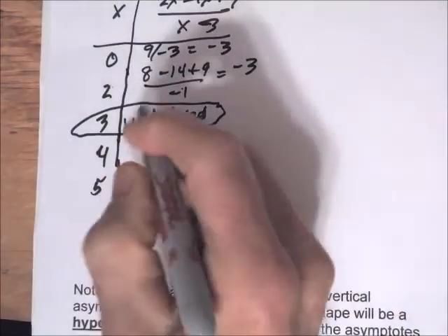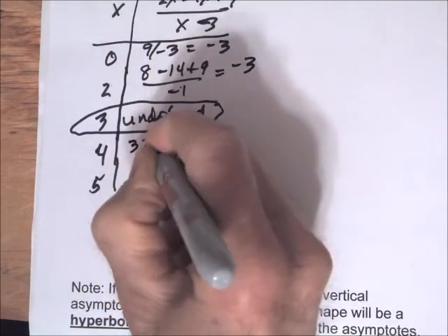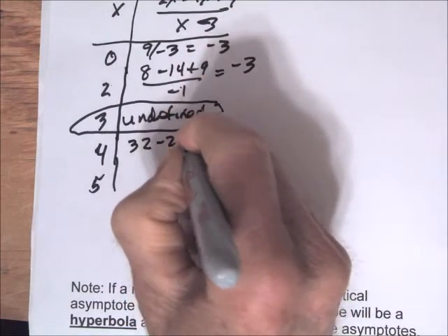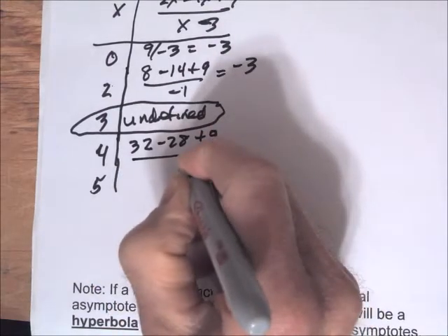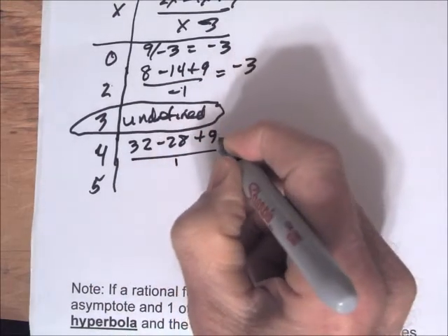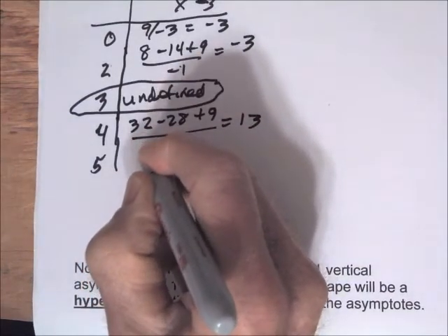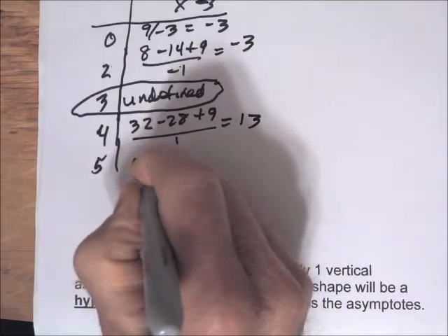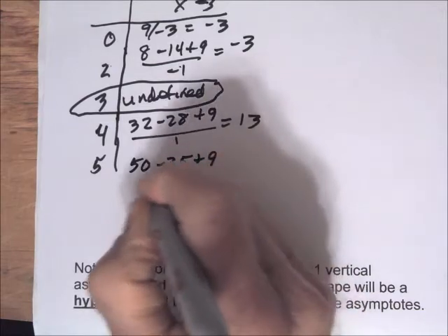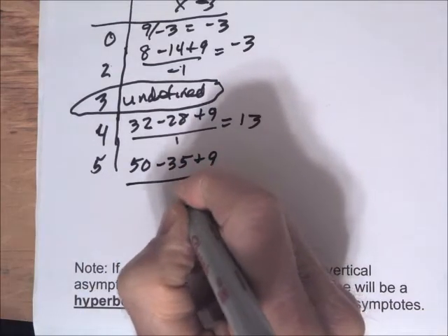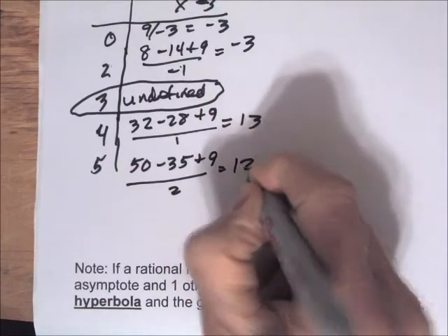If x is 4, 4 squared is 16, 16 times 2 is 32, 4 times 7 is 28, plus 9 over 4 minus 3 is 1, so this is going to be 13. If x is 5, 5 times 5 is 25, times 2 is 50. 5 times 7 is 35, plus 9 over 5 minus 3 is 2. So this all comes out to be 12.